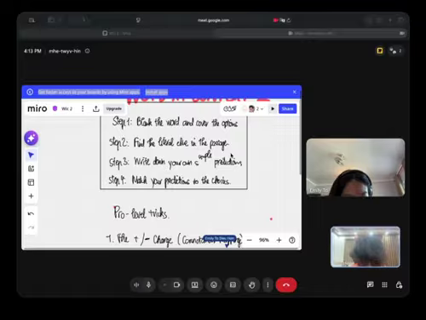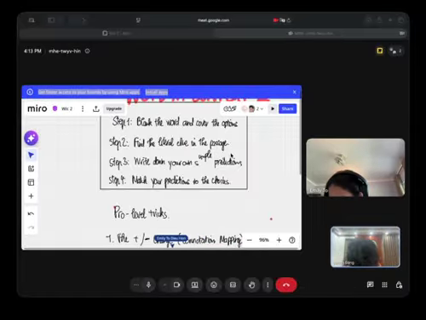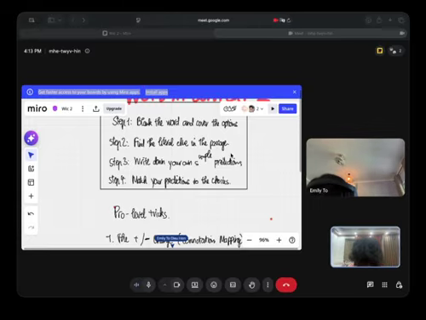A colon signals that an explanation is coming.